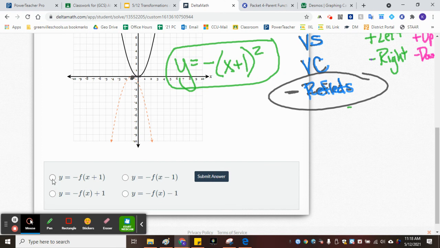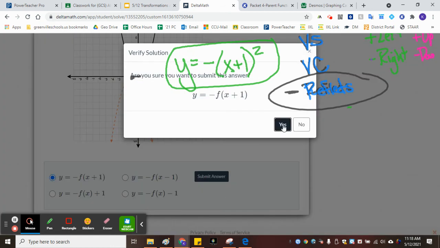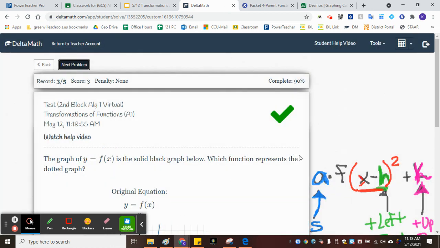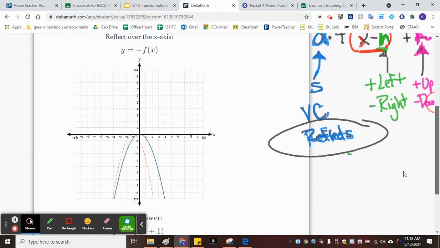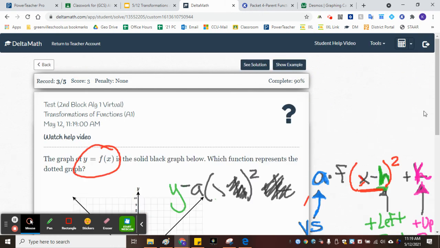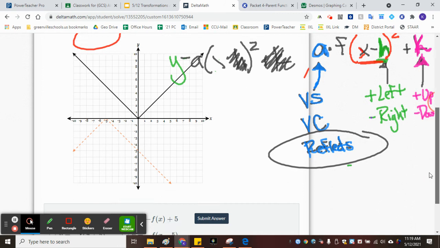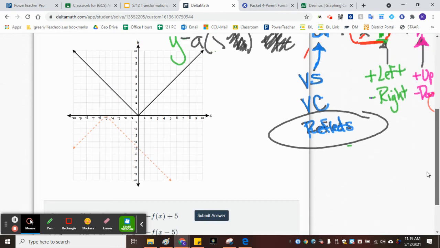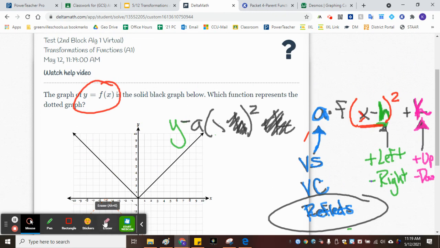Which is this one. I'm going to do another one.